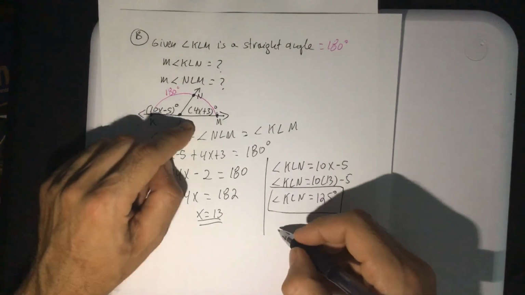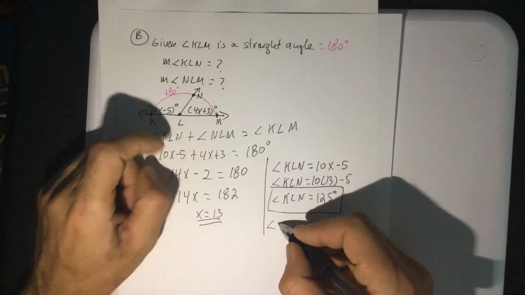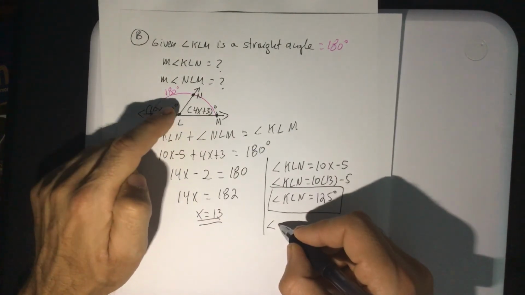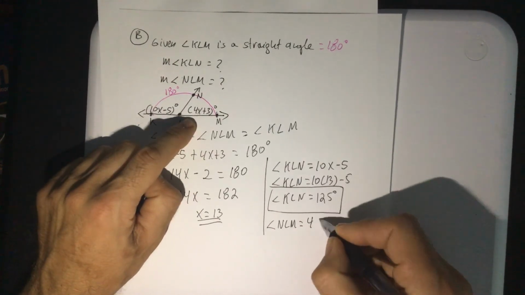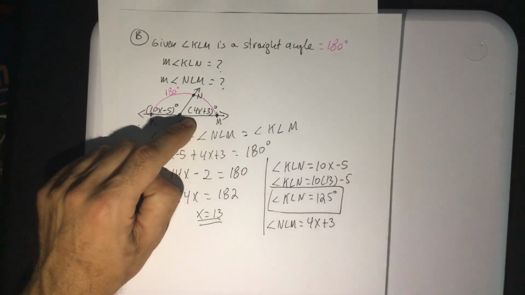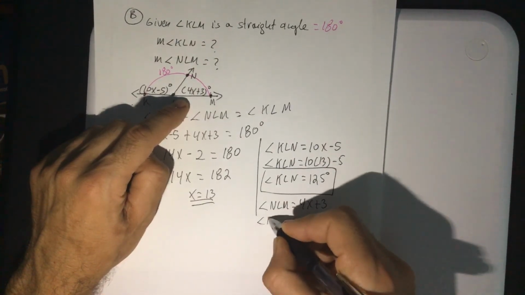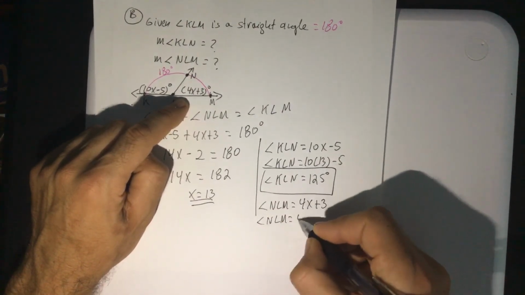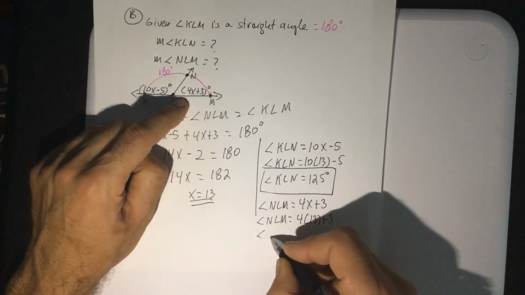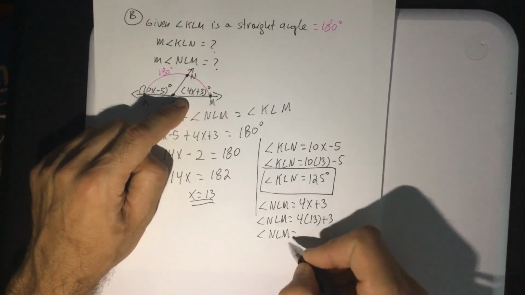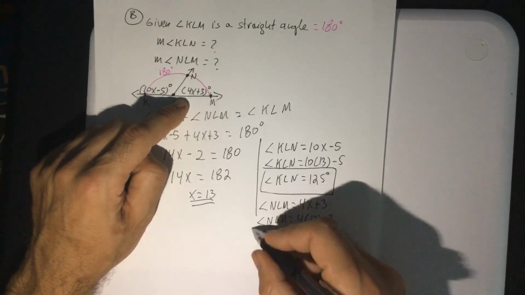And then we find out the other angle, which is angle NLM, and that's equal to 4x plus 3. We know that x is 13, so NLM equals 4 times 13 plus 3. So angle NLM is equal to basically 55 degrees.